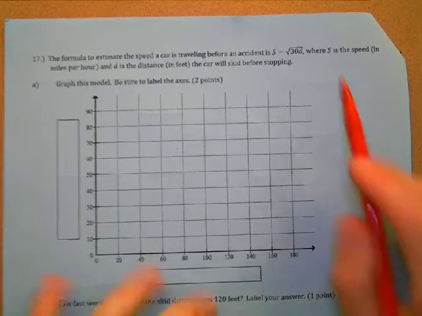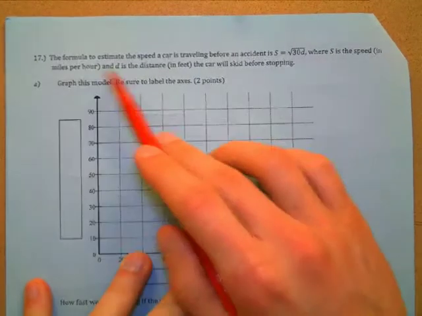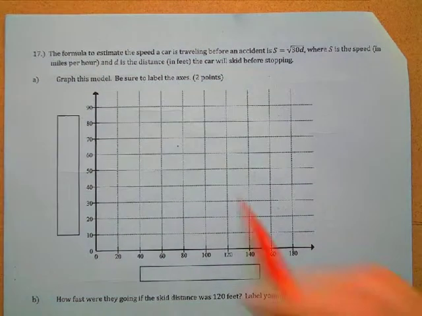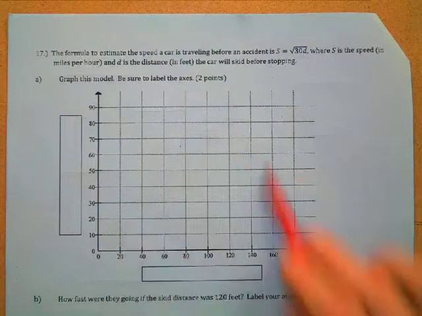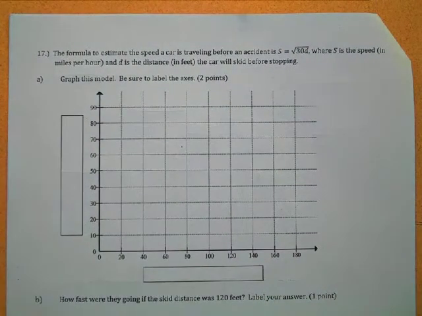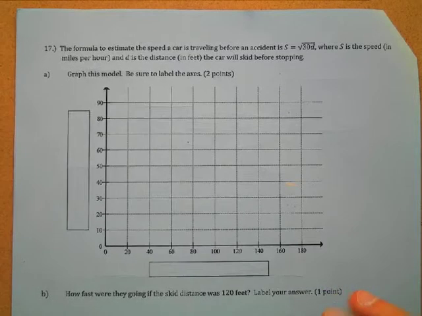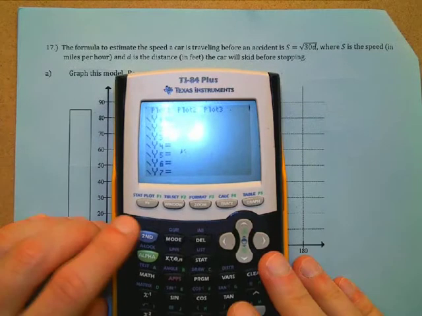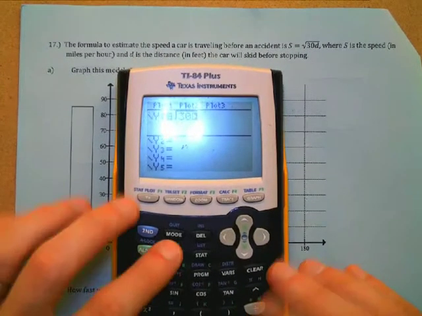S is the speed in miles per hour, and D is the distance in feet the car will skid before stopping. Okay, so we're going to graph here. All right, and of course, when we go to graph something, we're going to use what? Graphing calculator, right? So we'll put it into our y equals here. So square root of 30, and we're going to use x instead of the d there.